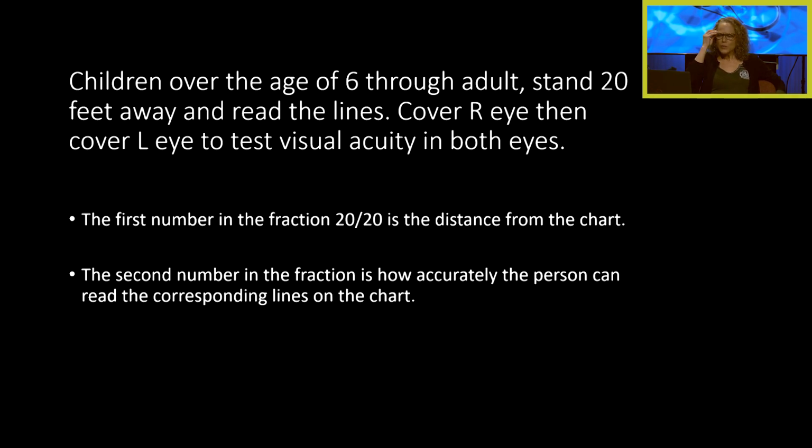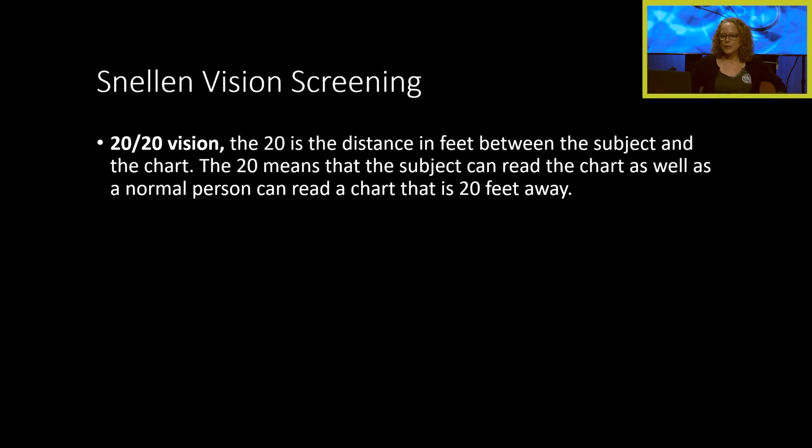All right, so if we have someone that's under 6, we have them stand 10 feet away, but we still mark it as 20/20. So 20/20, the first number is the distance from the chart. The second number of this fraction is how accurately the person can read the corresponding lines on the chart, okay? So this is where it gets a little bit tricky.